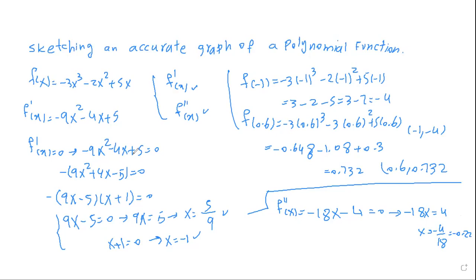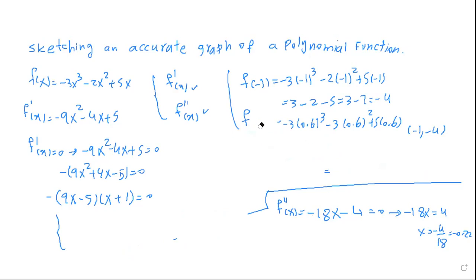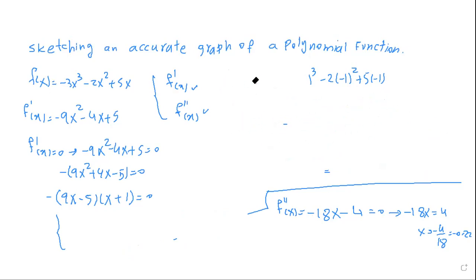How can we evaluate like this? We can evaluate the second derivative at x = 5/9 and at x = -1. For example, f''(x) is -18x - 4.